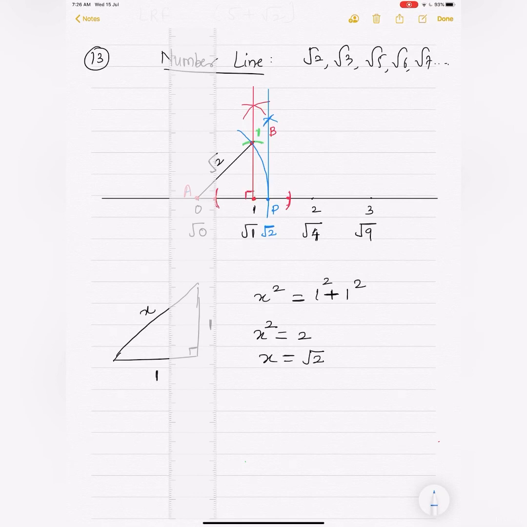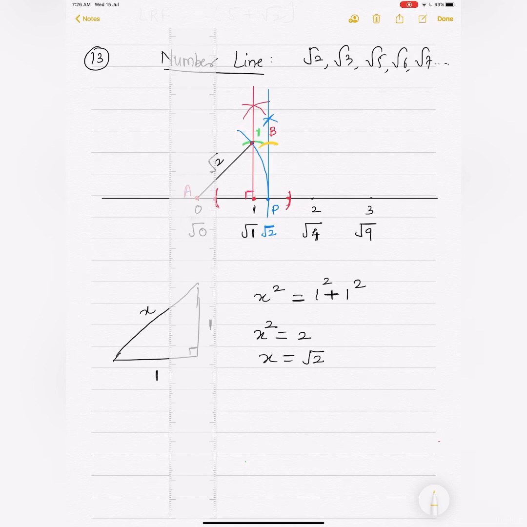Now again what we need to do is cut an arc of 1 unit once again. See, once again I'm drawing an arc of 1 unit on this line. You can see that yellow line. So again I've measured the distance from 0 to 1 and I've drawn the same distance arc over there.